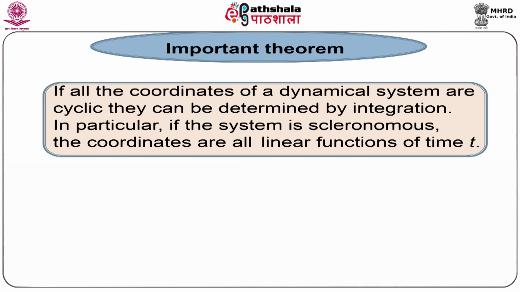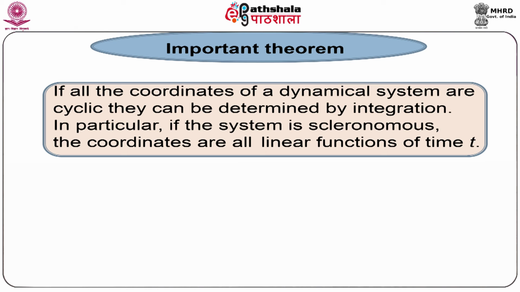If all the coordinates of a dynamical system are cyclic, then they can be determined by integration. In particular, if the system is scleronomous, then the coordinates are all linear functions of time t. Now we shall prove this theorem.